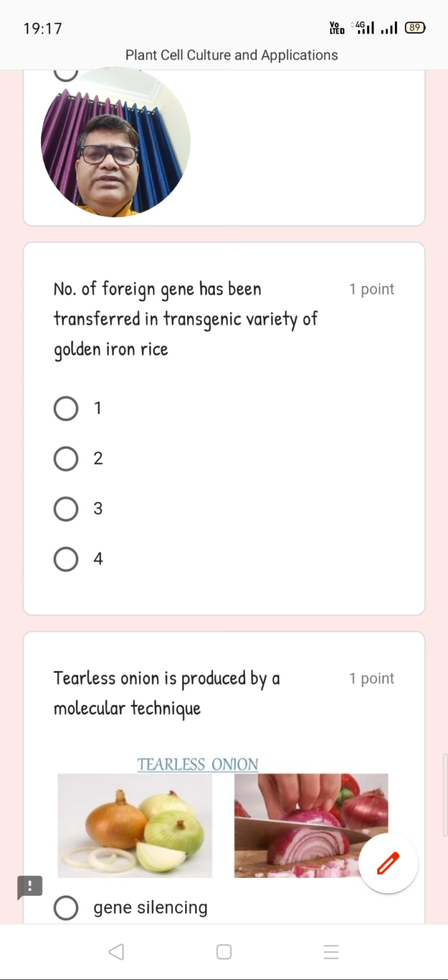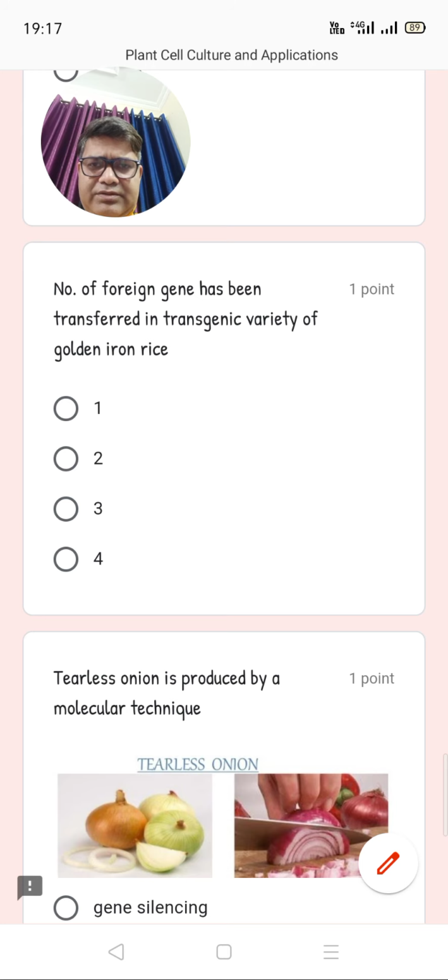Beta carotene is the immediate precursor of vitamin A. If there is a sufficient amount of vitamin A in your diet, there is no chance of night blindness. Your eye will work properly due to sufficient beta carotene or vitamin A in your body.